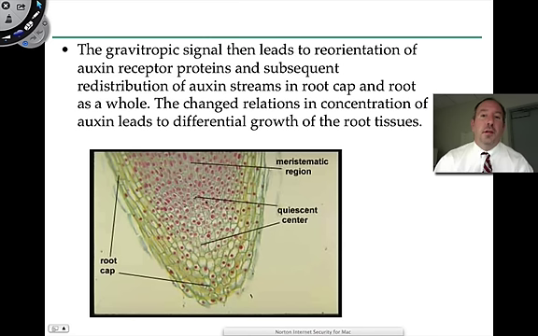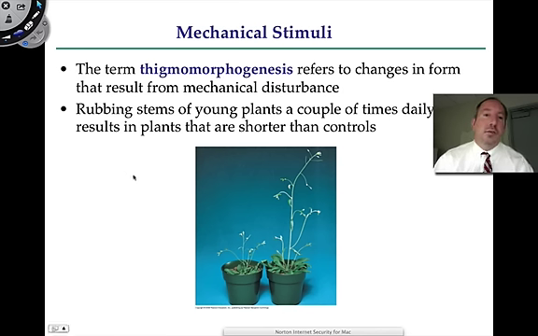So there's some increased protein synthesis, which will then cause auxin, which is a hormone, to be redistributed in the cell membrane. And what's interesting about that is certain locations in the cell will then pick up auxin a little bit more, and therefore there'll be differential growth in a downward direction. I know that's a little tricky, but it's kind of interesting.